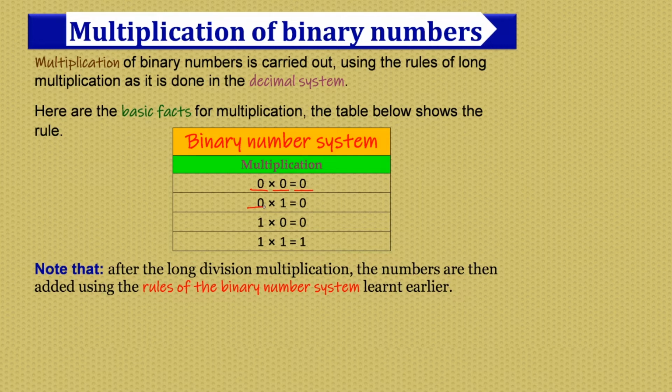And 0 multiplied by 1 is also 0. 1 multiplied by 0 is also 0. Where we only have something is when we multiply 1 by 1. So 1 multiplied by 1 is 1, just like in the decimal system. So we must pay attention to these rules whenever we do multiplication in the binary system.